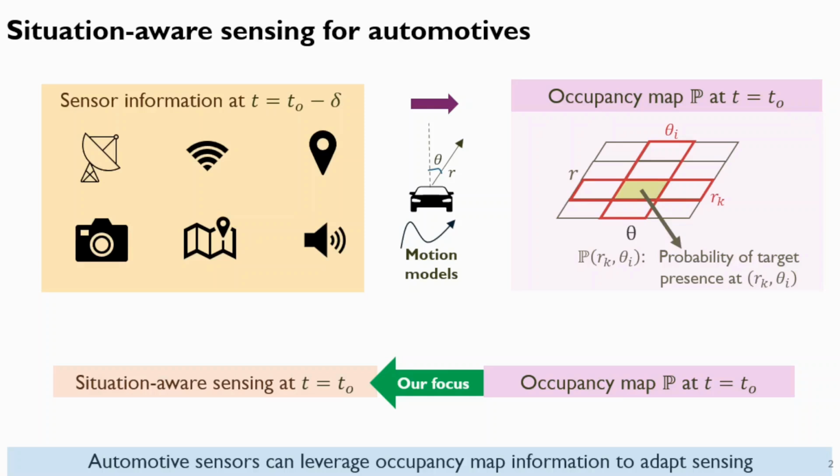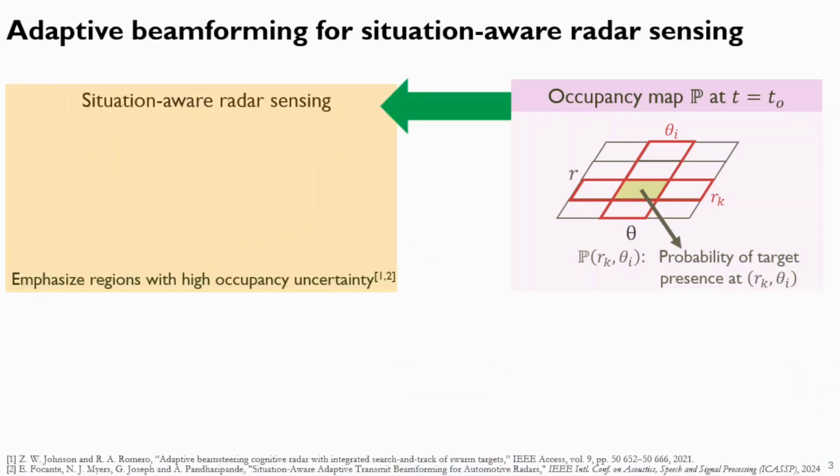Sensor fusion is saying let's put together information coming from different sensors, but what we do here is situation aware sensing, which means we take one modality or a group of modalities, get a summary of all these modalities in the form of an occupancy map, and take the knowledge that we learn from an occupancy map right to the level of sensing. Okay, so this requires us to understand the physics of how these sensors operate, and that distinguishes this work.